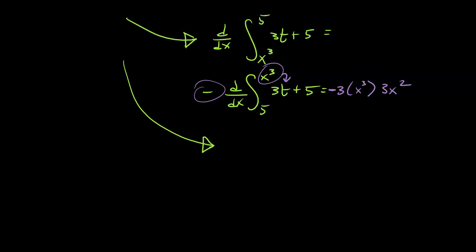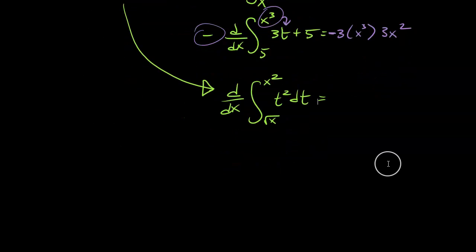Third example. If we are asked to take the derivative of an integral, and there's variable information on both spots, we have to try to figure out what to do with this. Now there's a couple ways that we can do this.